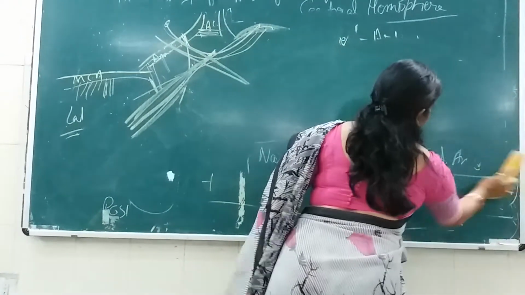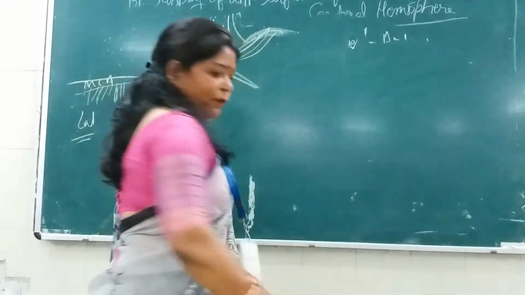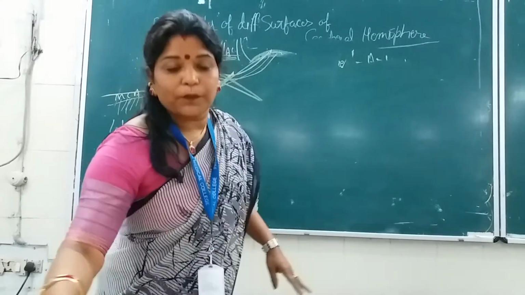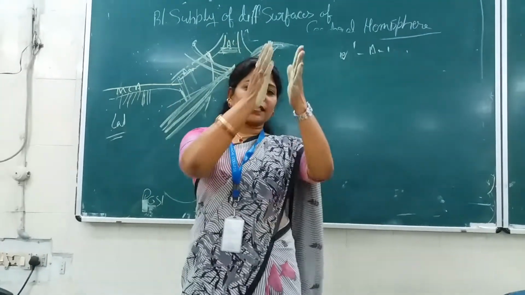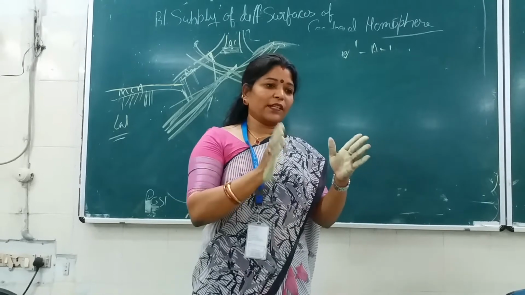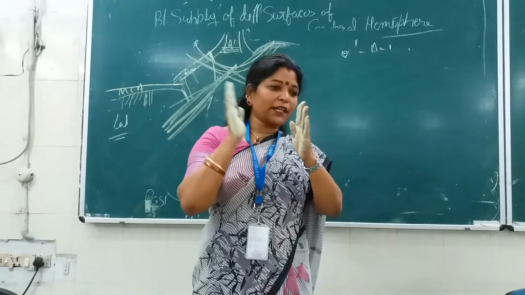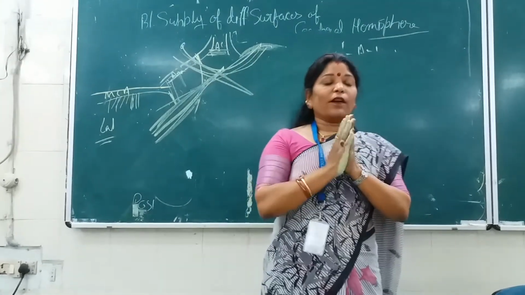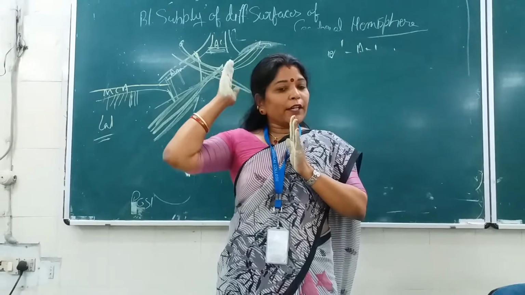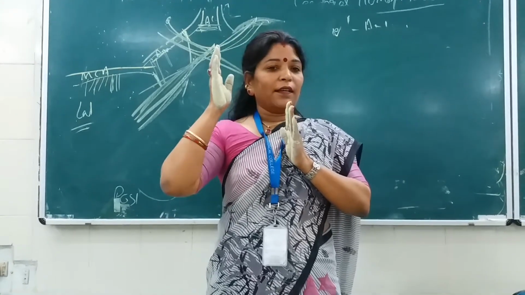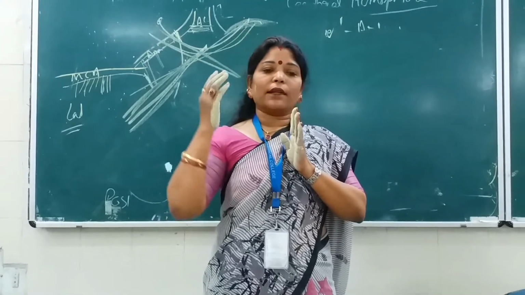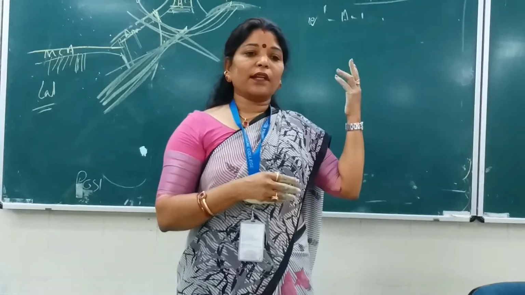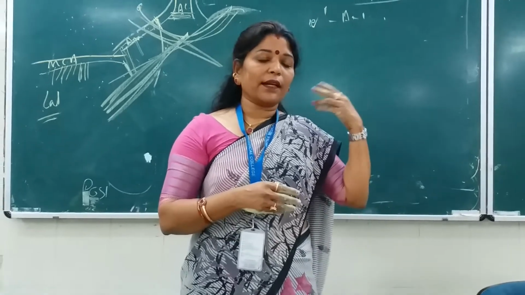Now look, before summing up, one important thing that we must know. Listen carefully: each half of the cerebral hemisphere, the right half and the left half, is normally supplied by its own arteries, that is, on the right side the right internal carotid artery and the vertebral artery, and on the left side the left internal carotid artery and the left vertebral artery.